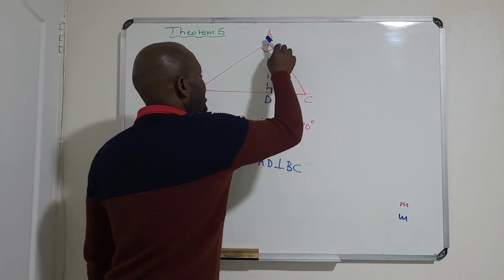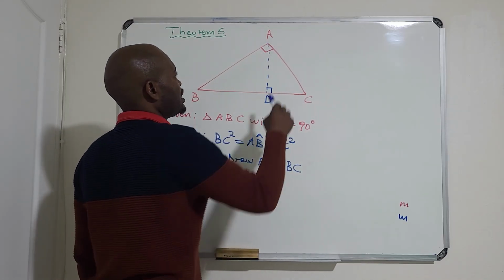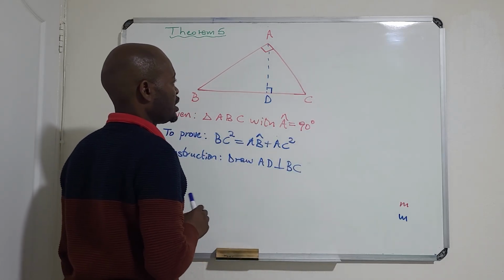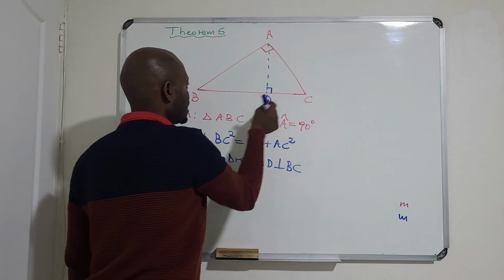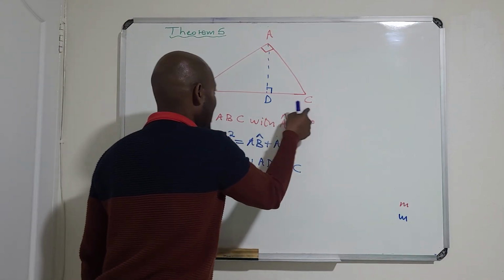For us to get AC, we need to get this squared in terms of this and that.